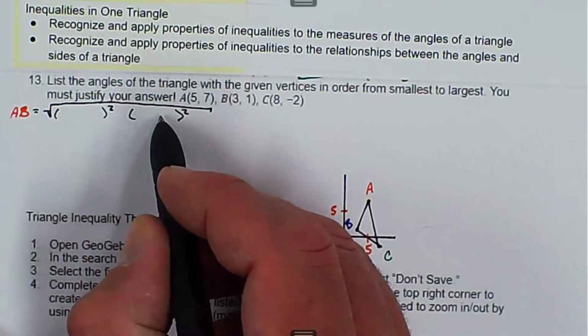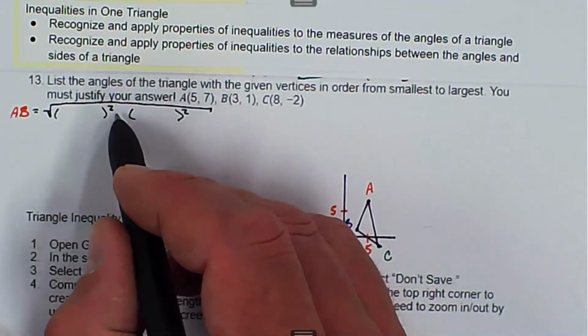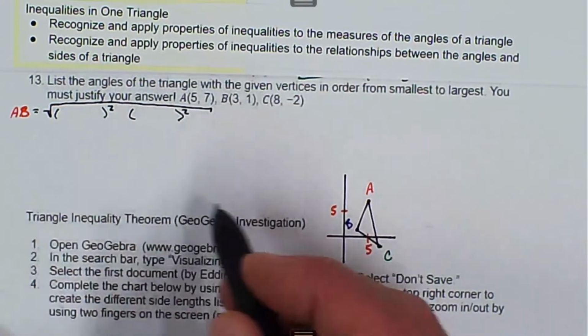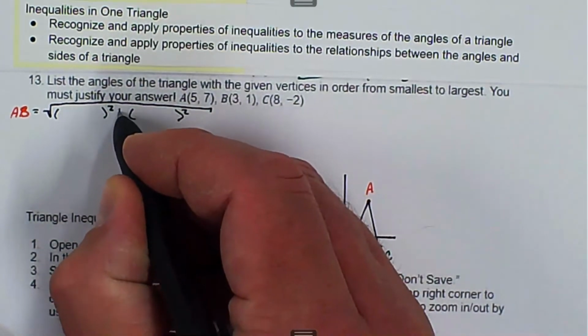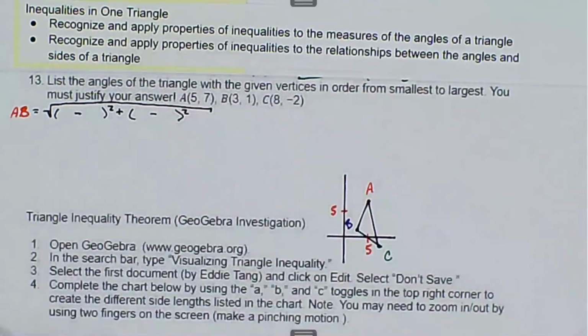If I put the plus sign in the middle, that's 2, 3, 4. Now I have my full equation made. Just have to fill in the values.